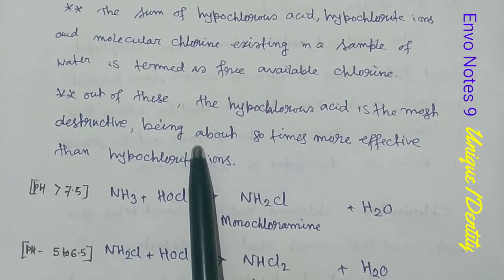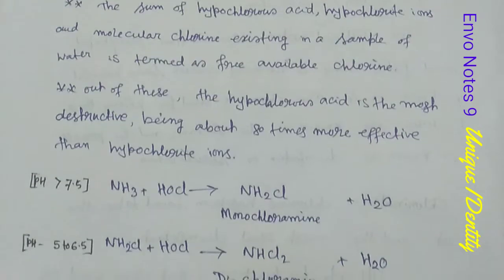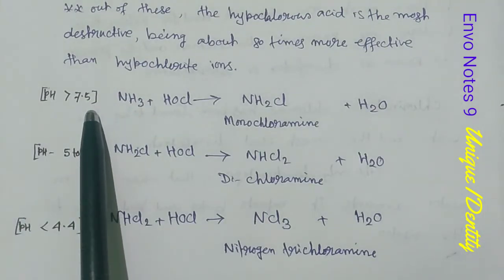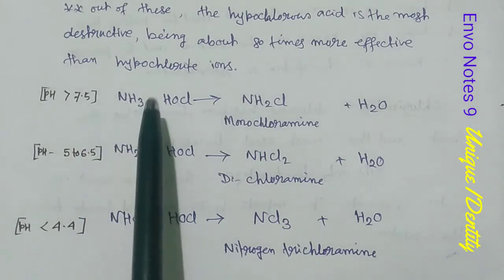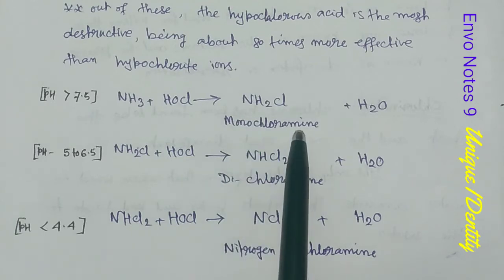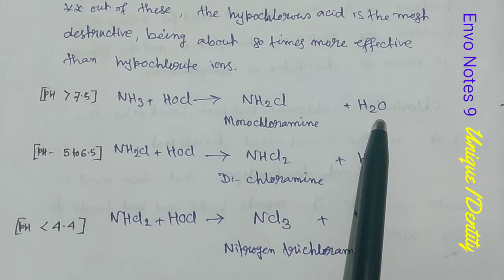Now, chlorine will immediately react with ammonia to form different chloramines. Here is the detailed description: when pH value is greater than 7.5, NH3 plus HOCl gives monochloramine, that means NH2Cl plus H2O.